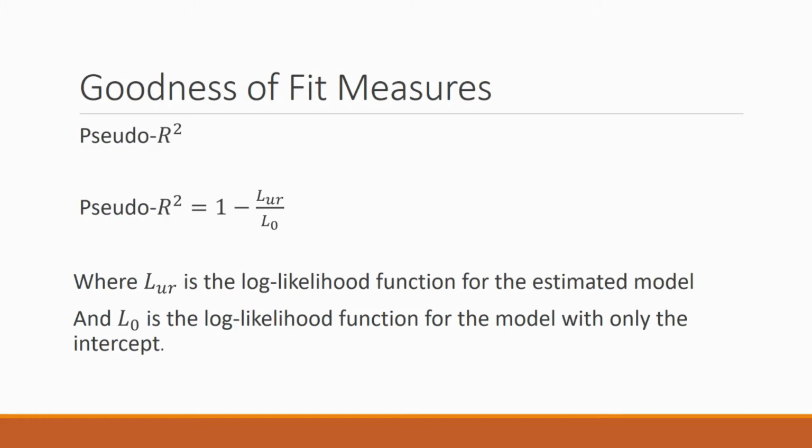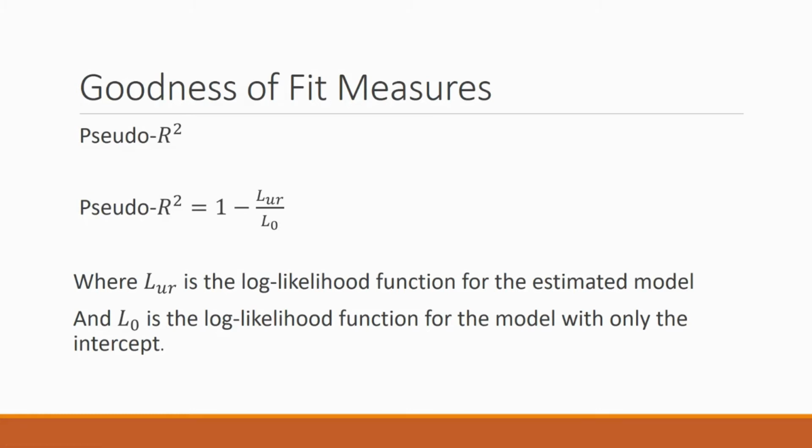The pseudo R squared is 1 minus the log likelihood function for the estimated model, so L unrestricted, UR, divided by the log likelihood function for the unrestricted model, that means your estimated model, divided by the log likelihood function for the model with only the intercept.